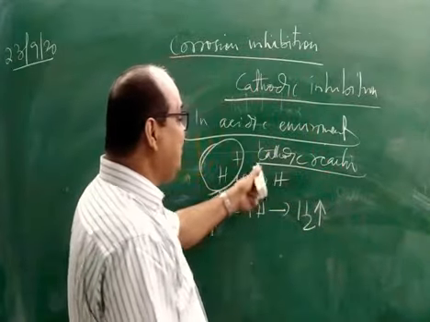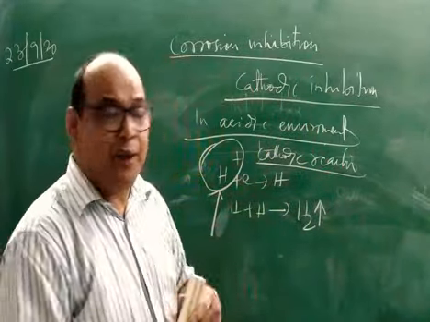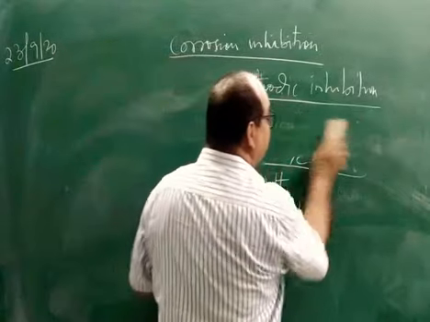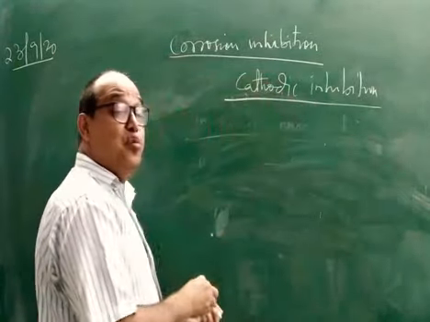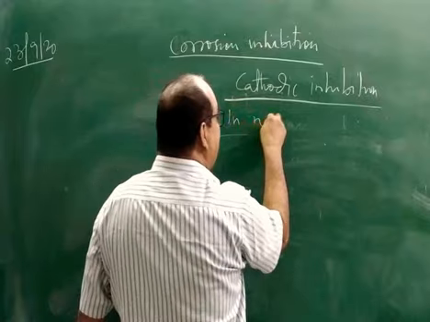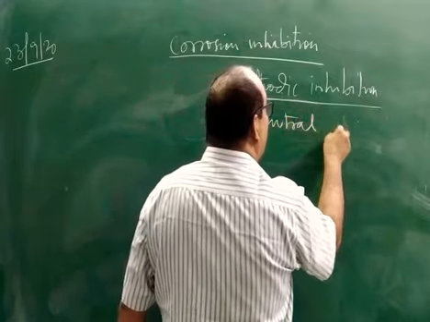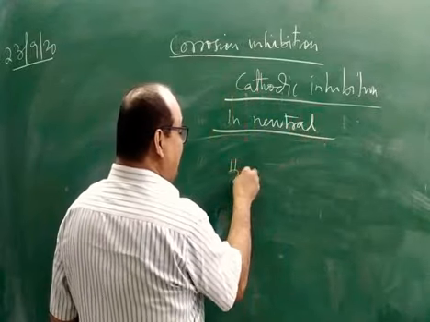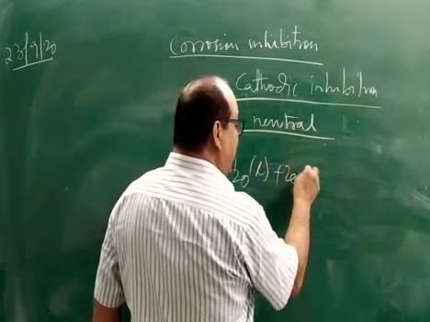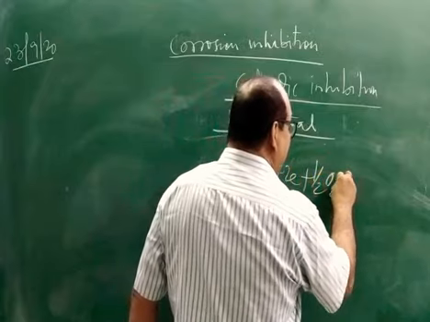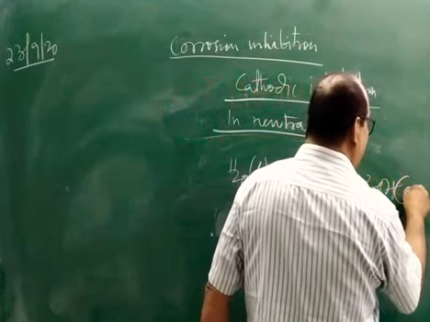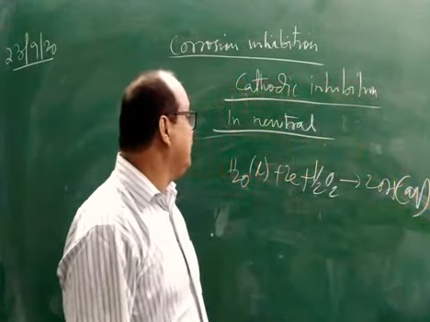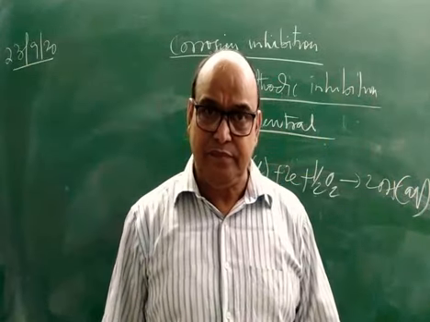In case of acidic environment we have seen, now let us see what happens in neutral situation. In neutral situation, what is the cathodic reaction? Do remember, it is water, liquid, plus 2e, plus half of oxygen, which will give you 2OH aqueous. This is what happens in neutral situation.